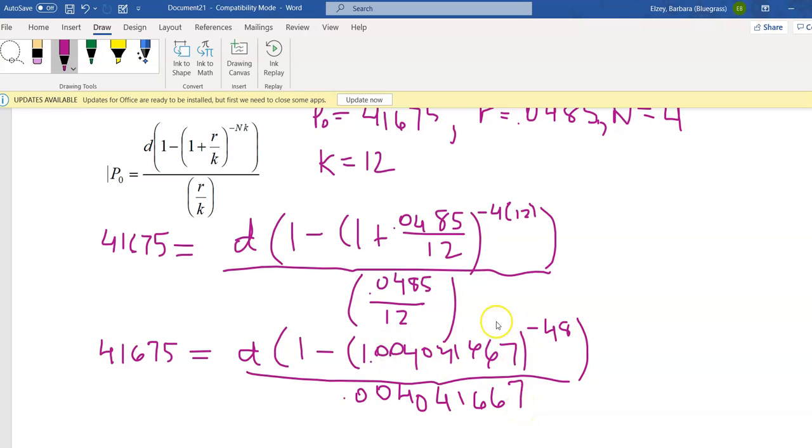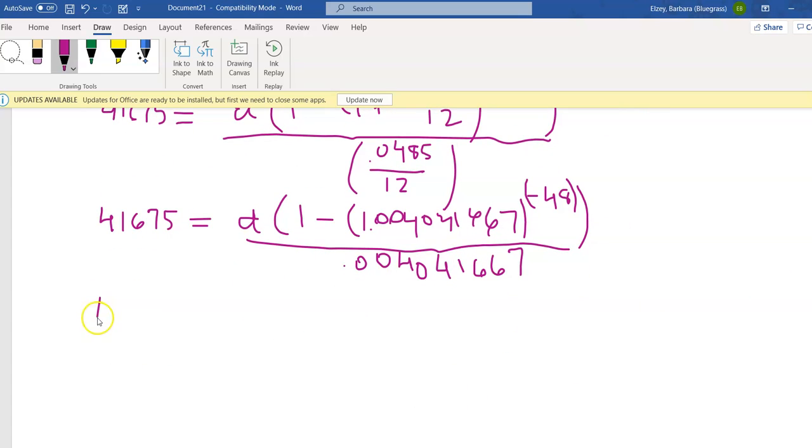All right, so let's do this now to the negative 48. Be sure when you raise it to the negative 48 to put that negative 48 in parentheses.